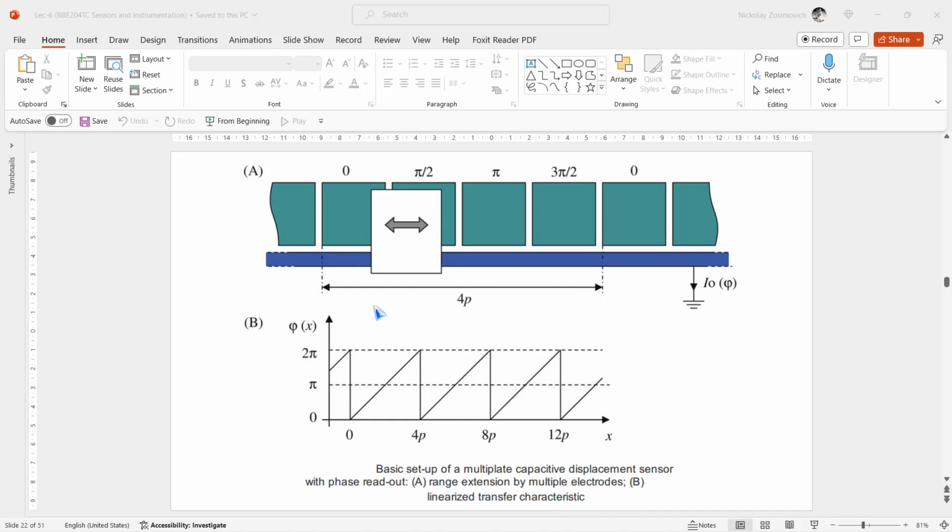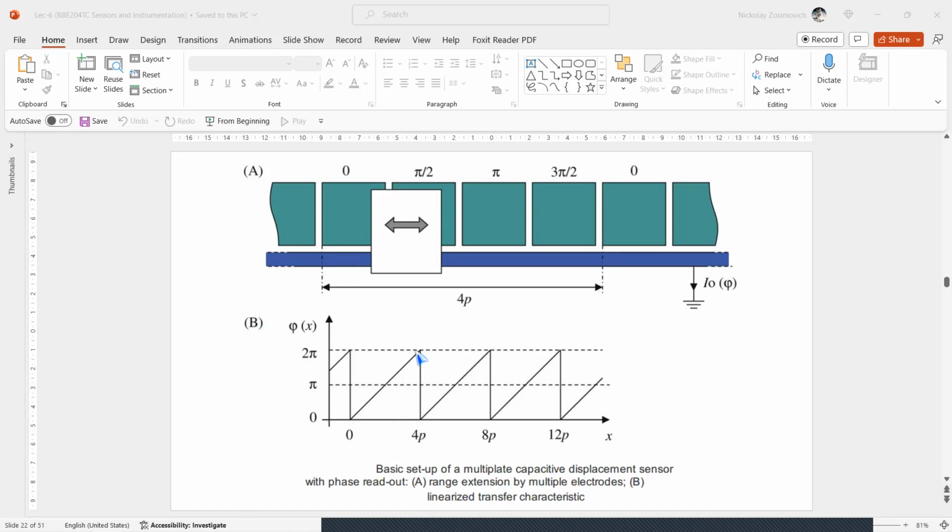When the moving plate travels along 4 successive sections, the phase of the voltage of this plate changes from 0 to 2 pi, as you can see from figure B. From 0 to pi, and from pi to 2 pi, we have this. This is repeated for each group of 4 electrodes.